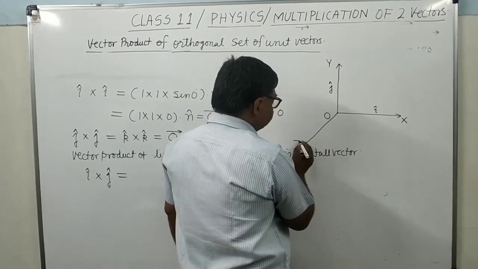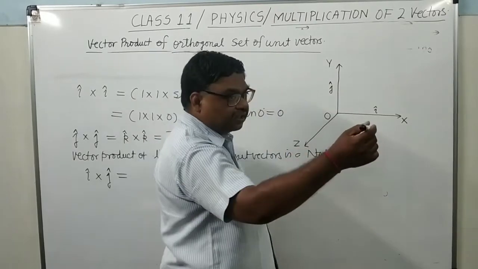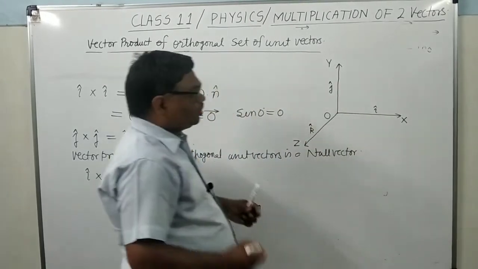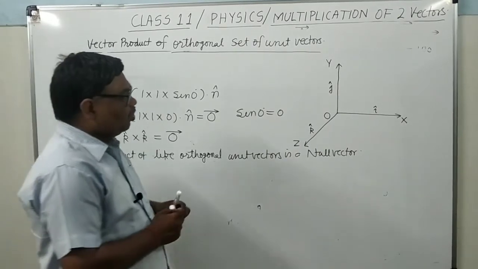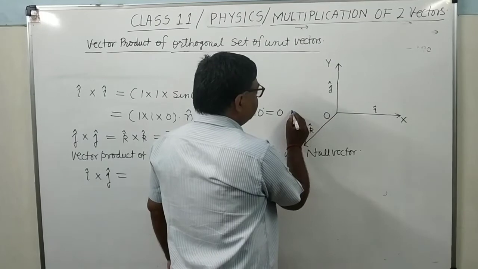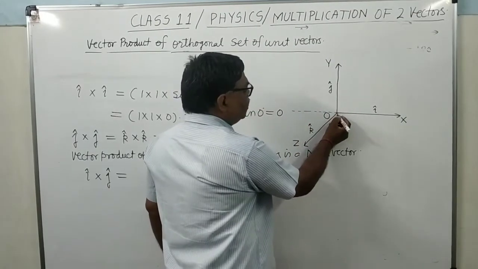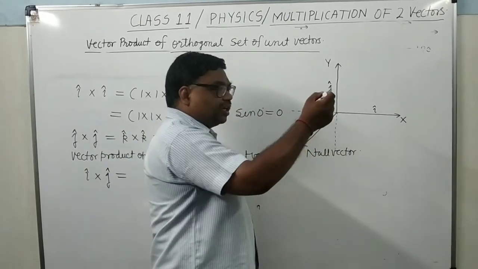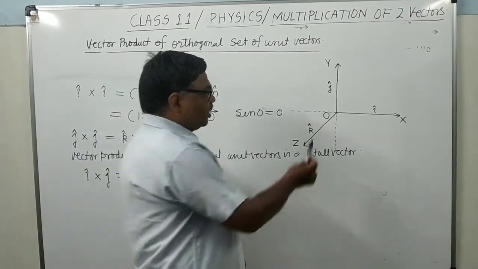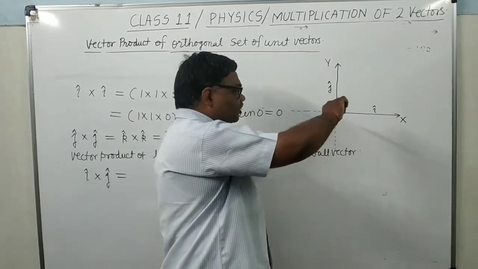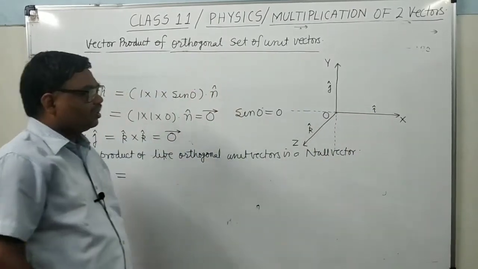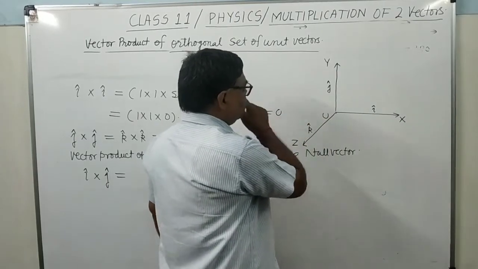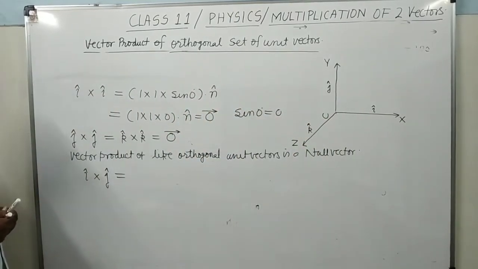This is the negative direction of the x axis, this is the negative direction of the y axis, and the negative direction of the z axis is normal to the board in the inward direction, while the positive direction of z is outward. Keep these negative directions in your mind. Now see first its magnitude.